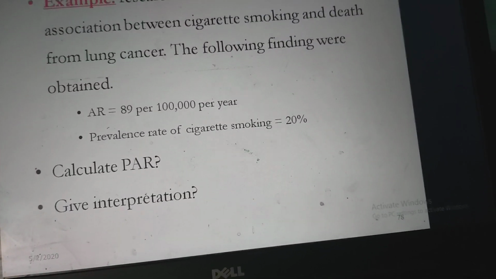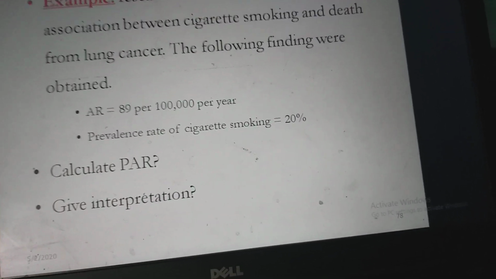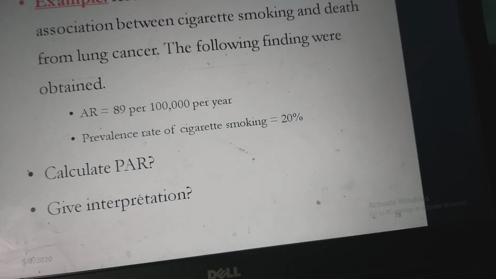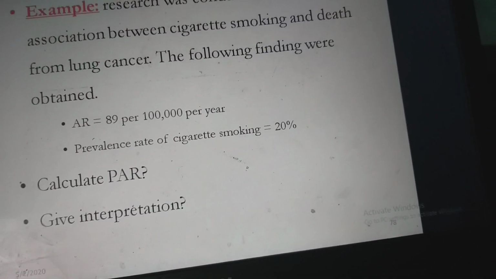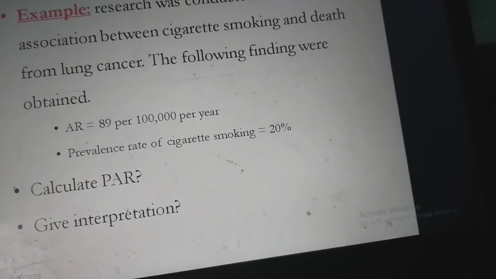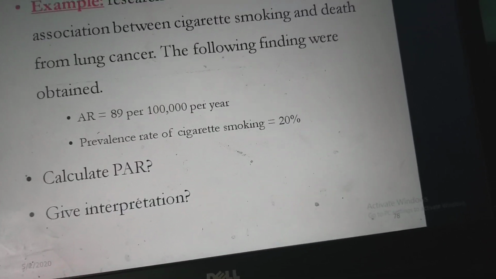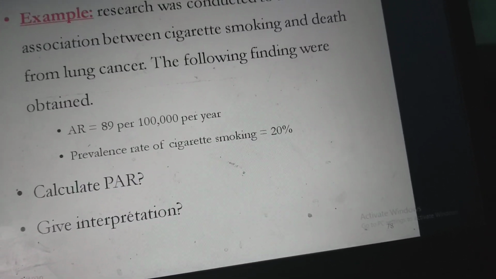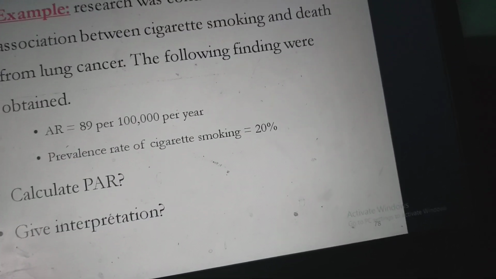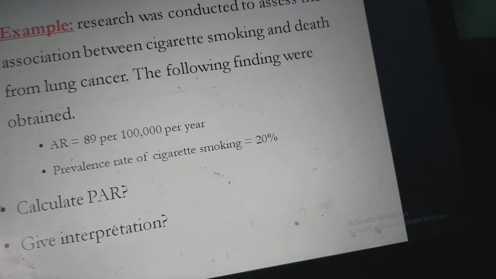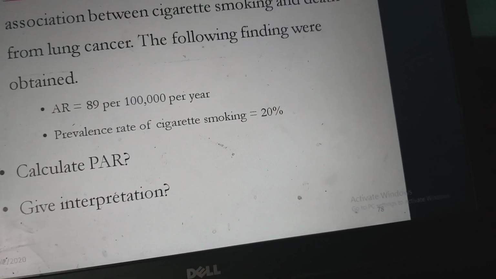For example, just calculate this given here. Attributable risk is 89 per 100,000 per year. The prevalence rate of exposure in the population, exposure to cigarettes, is 20%. So how can you calculate? Everything is given here. Attributable risk times the exposed population, that means those who are smoking here, 20%.